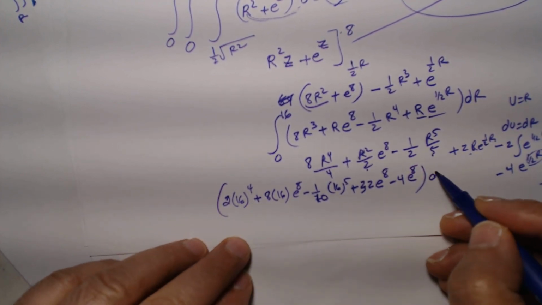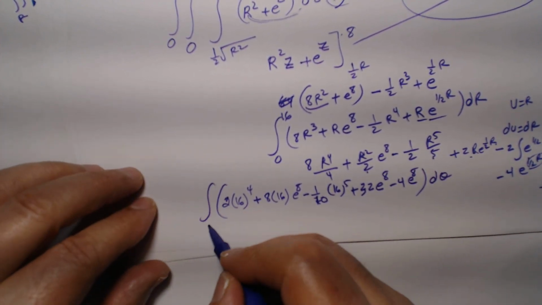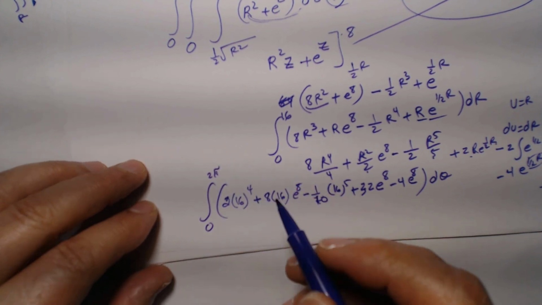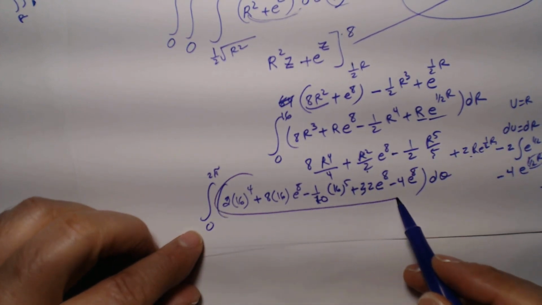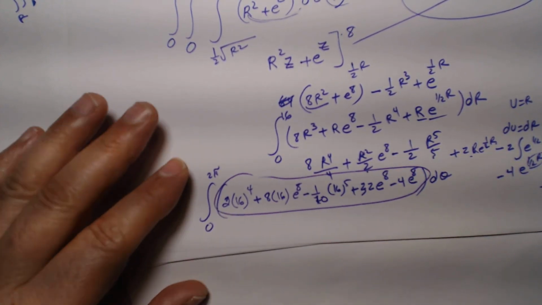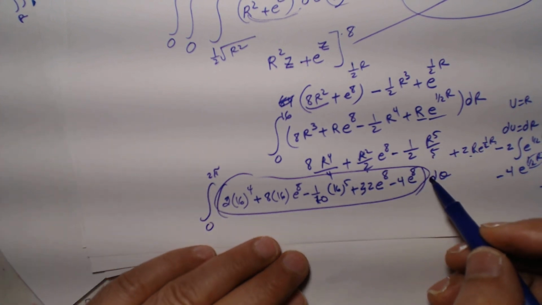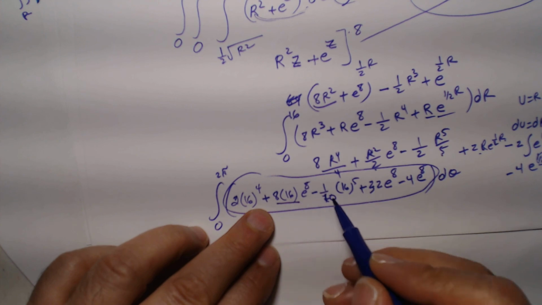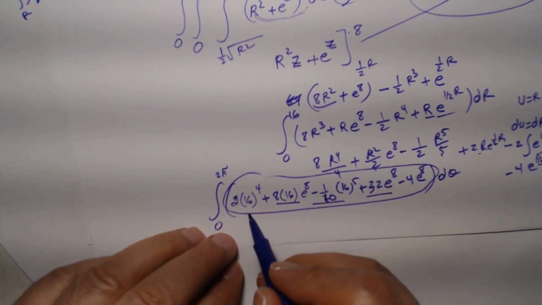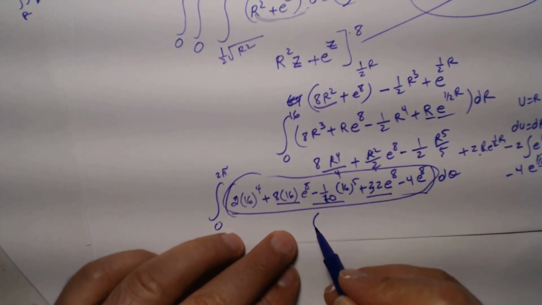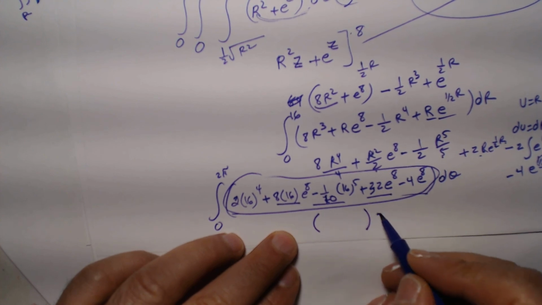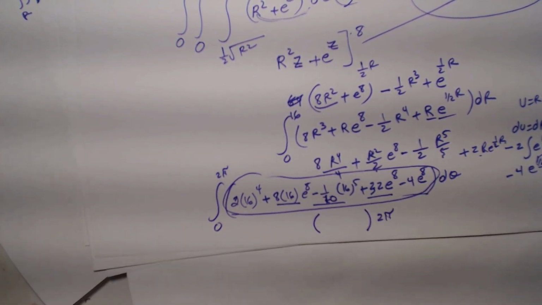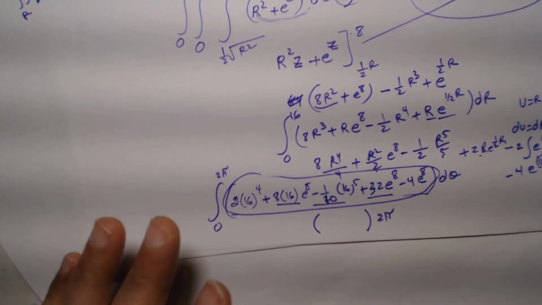All of these with respect to d theta from 0 to 2 pi. Remember, all of these are constant. Therefore, this becomes theta. You can combine all of this. It's going to be some number times 2 pi. And that becomes your divergence.